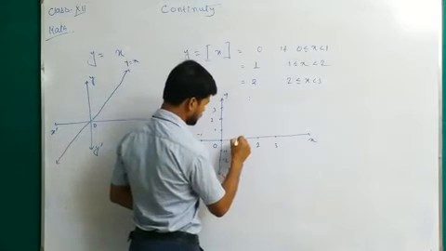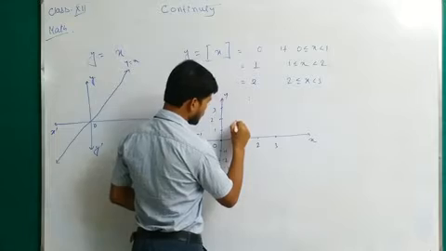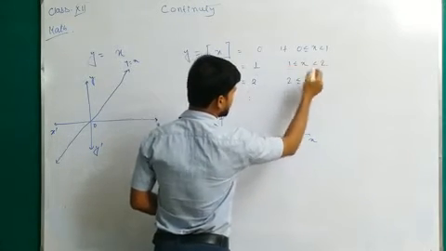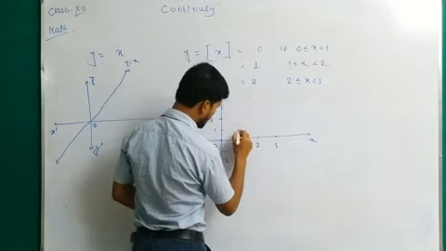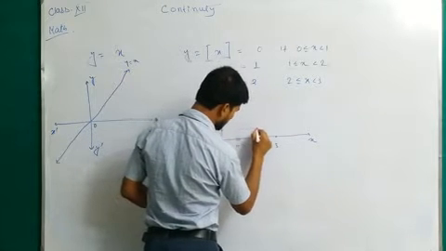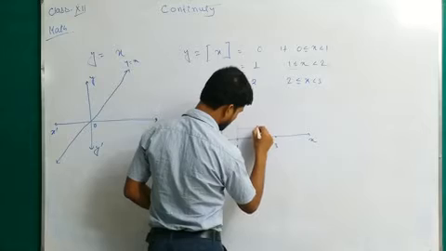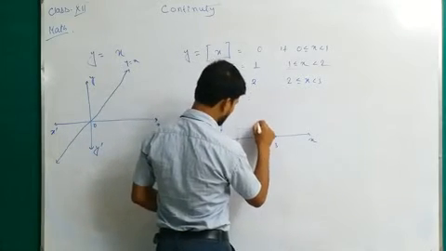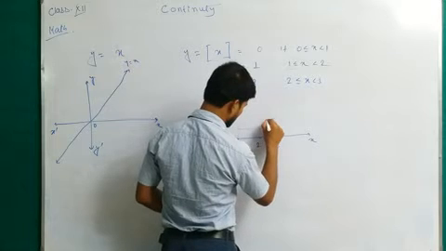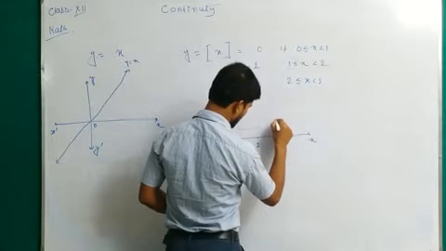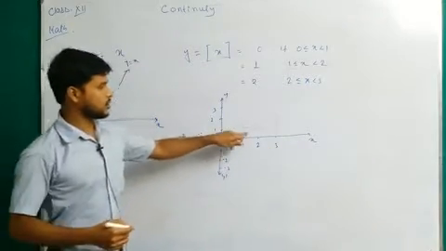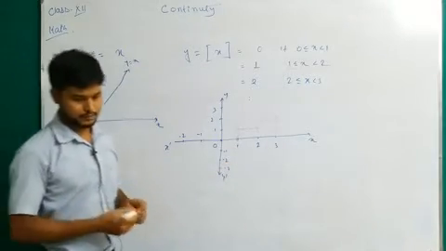Now from 1 to 2, the value of x is lying between 1 and 2, so the value of the function will be 1. For 2 to 3, the value of the function is 2. We know this is called a stair function or step function.